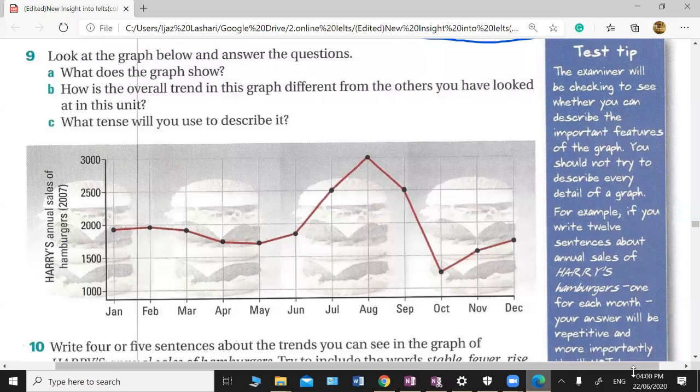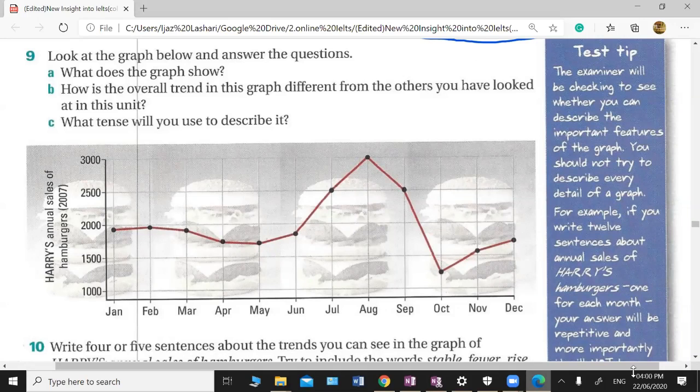Anis, thank you. Excellent. I'm happy. It has ups and downs. Can you tell me the word which we studied about ups and downs? There was a very nice word which we studied. Oh, fluctuation.